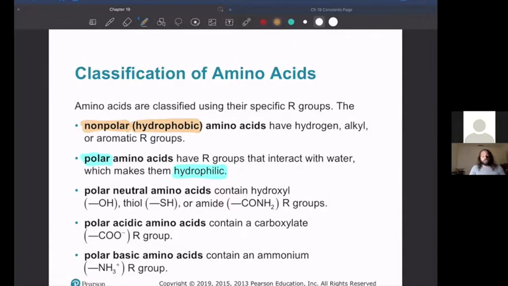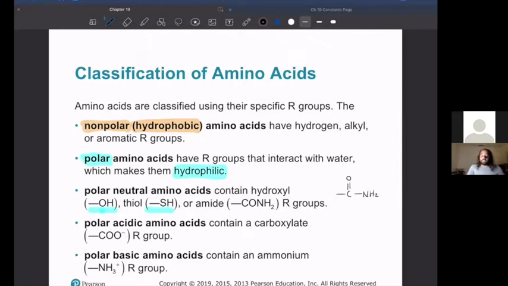Those that are neutral, meaning they have no net charge. So those would be things like hydroxyl groups or alcohol groups, a thiol group if it has an SH, as well as amides. So if I just want to draw this out, remember an amide, something like this, would also be a polar group, but it has no net charge.